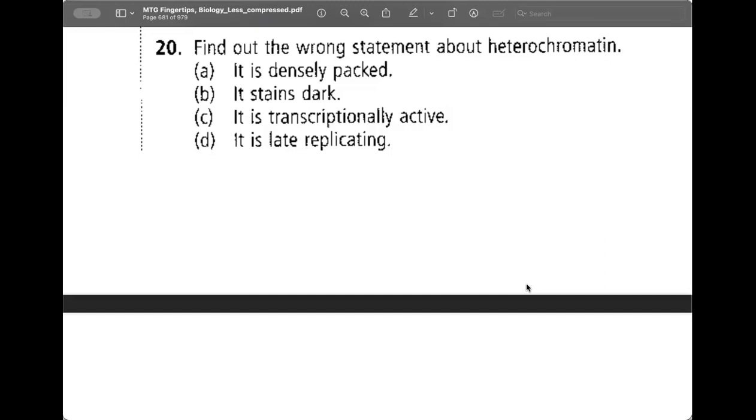Find out the wrong statement about heterochromatin. It is densely packed, it stains dark, it is transcriptionally active, it is late replicating. Which statement is wrong? Remember, focus on the word wrong.